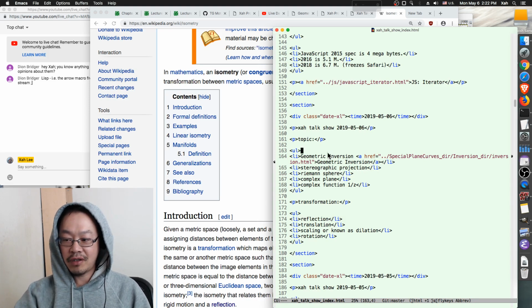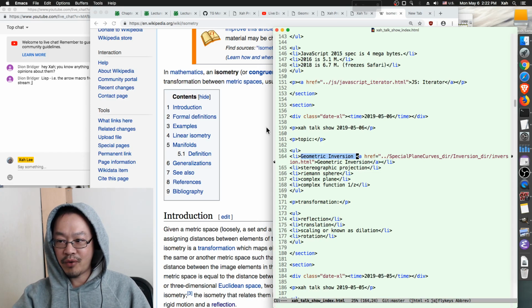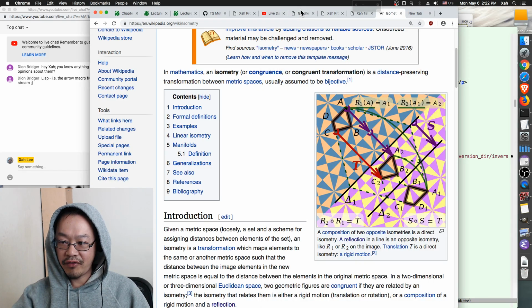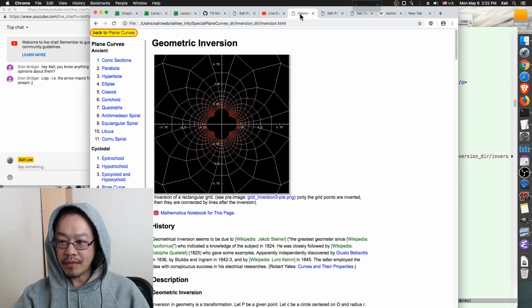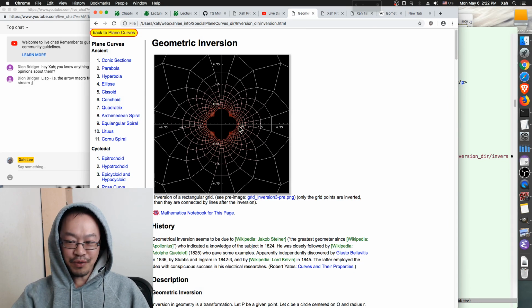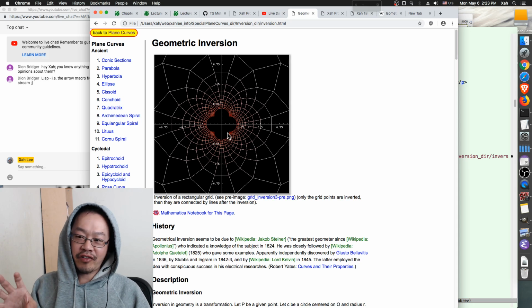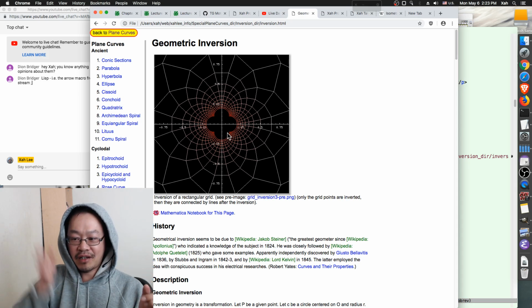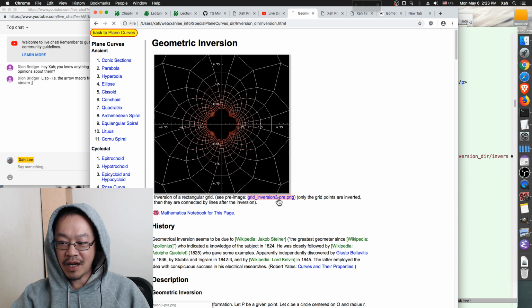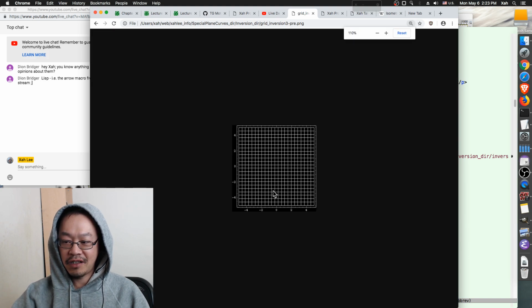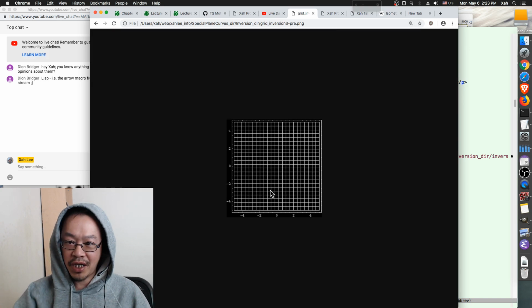Geometric inversion. Now, the topic we are going to talk about is geometric inversion. Okay, this one. You see this beautiful but weird shape? That is a transformation of a rectangular grid. For example, you start with this image, which is just a simple rectangular grid.